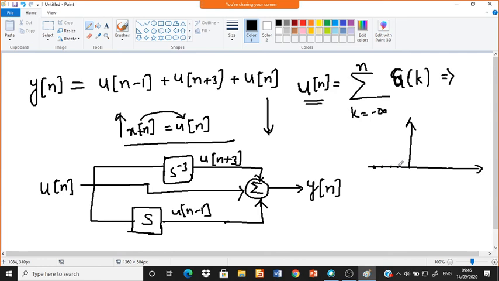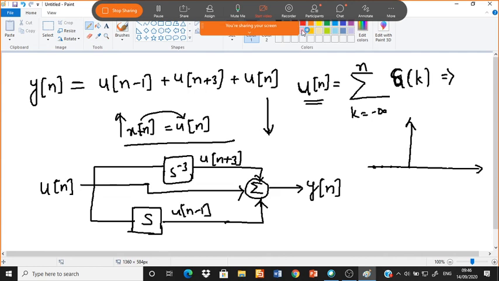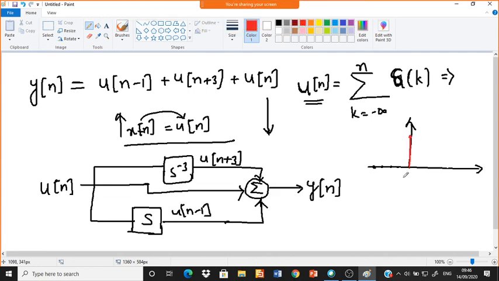Whenever k becomes 0, the unit impulse starts. At k equal to 0, del of 0 becomes 1, and similarly for every value of k the discrete impulse goes on. This is how we define the unit step in terms of the del function. Is it understood? Any doubt?